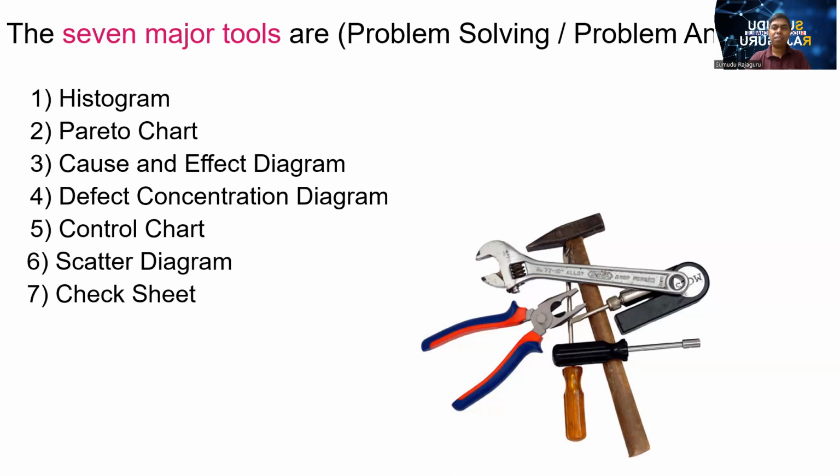Separately, I have done videos regarding each element, but in this video, I'm going to explain briefly what the 7 types of problem analyzing tools are. We'll go one by one.